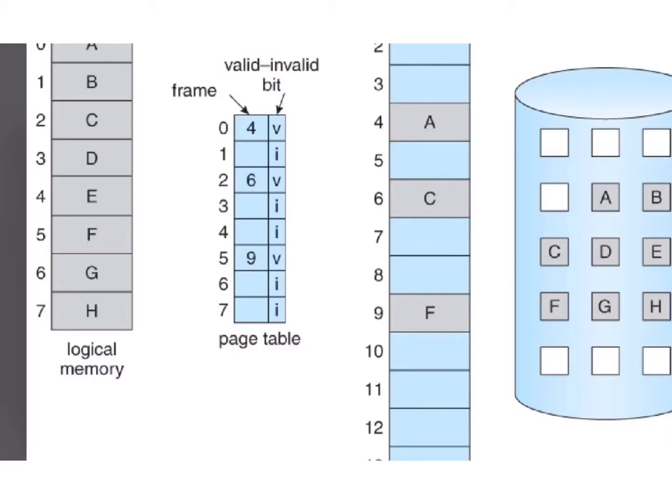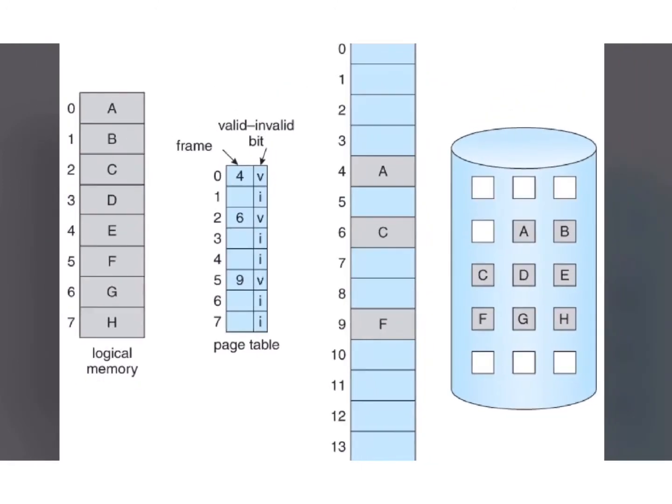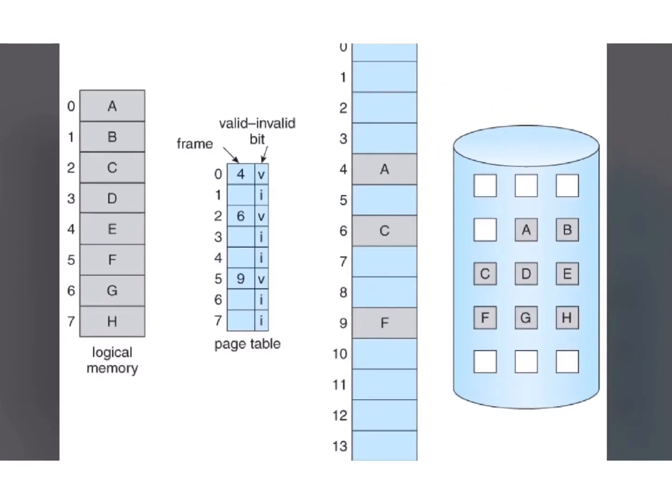That means out of 8 pages I have loaded only 3 of them, and respectively I am writing valid and invalid. They have not been loaded in memory at that instant of time. That is why the unloaded pages are invalid pages. Initially only 3 pages got loaded in memory.